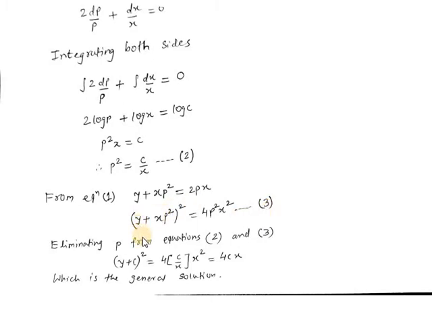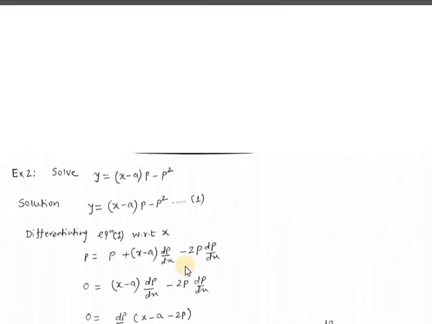Now eliminating p from equation number 2 and equation number 3, we will get (y plus c) whole square, because p square x is c. So (y plus c) whole square is equal to 4 into c by x into x square, because value of p square is c by x. Okay, here x square divided by x, so here it will be x, so it is equal to 4cx, which is the general solution.